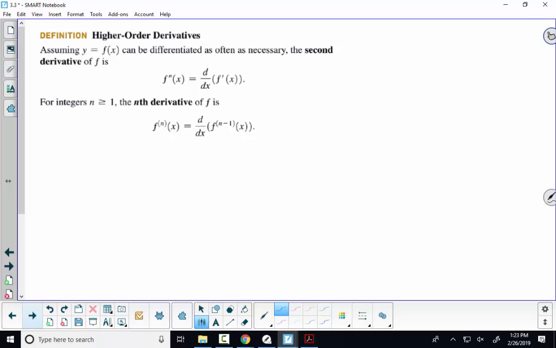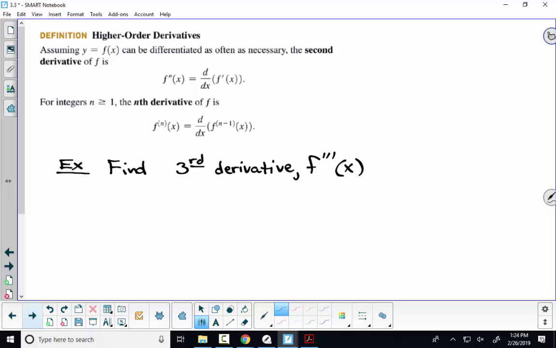So let's look at an example. Let's find the third derivative, which would be f triple prime of x.